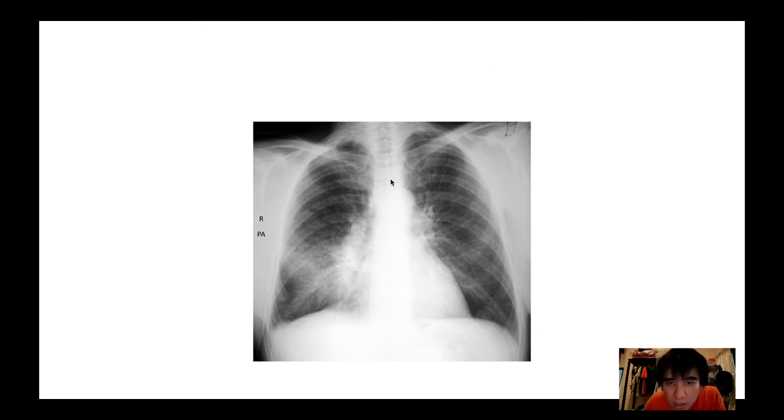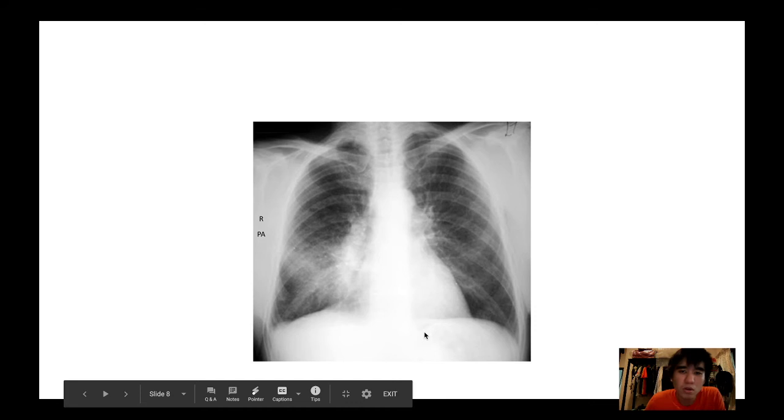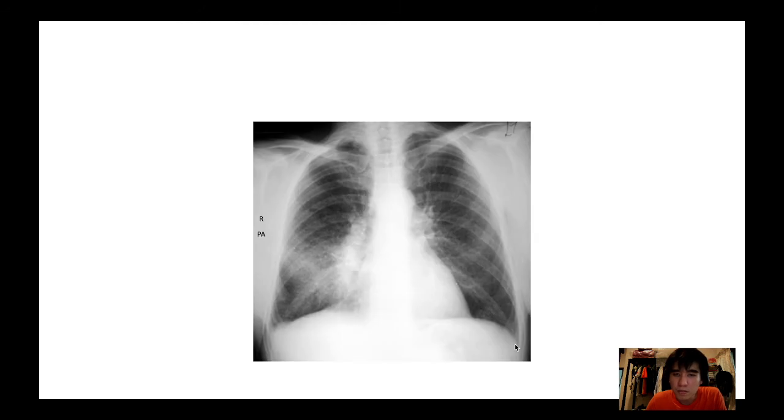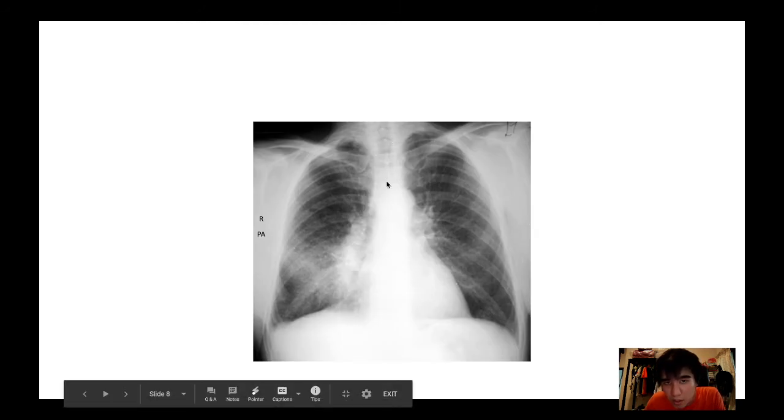Quality wise, there is slight rotation to the left side. Inspiration is adequate, penetration is okay, exposure is okay. The airway trachea is central.